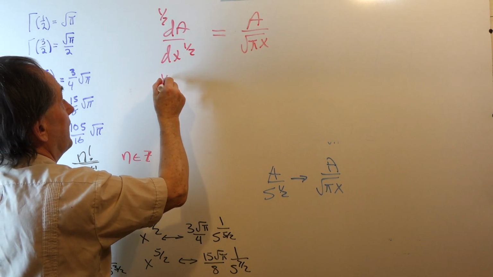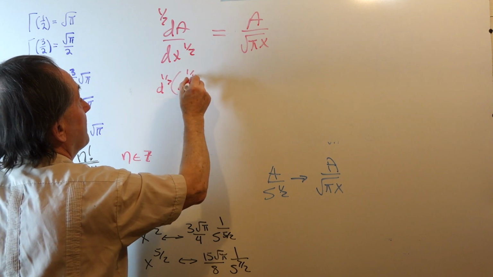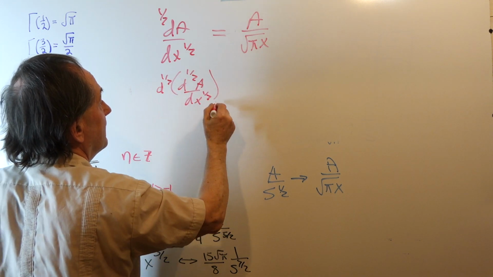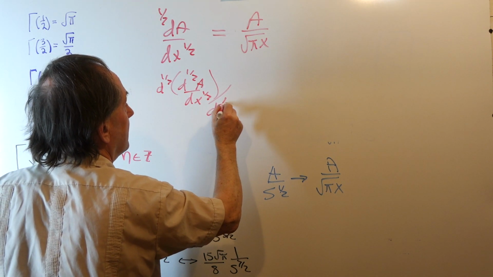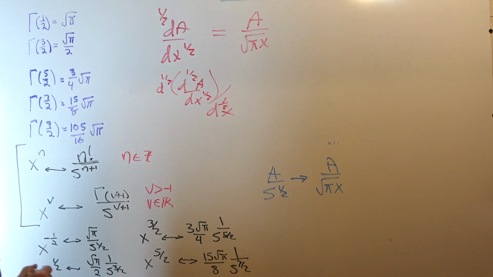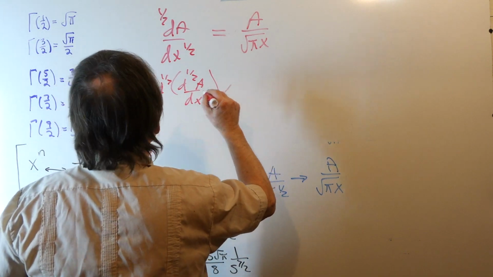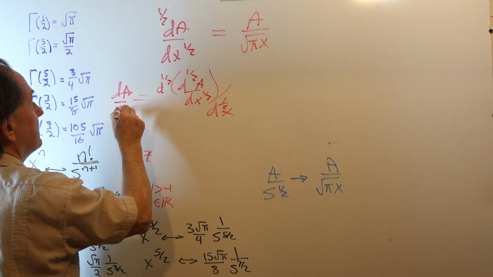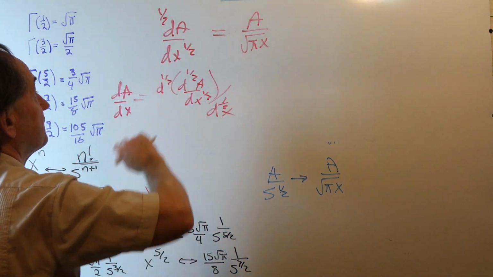So we're going to take the 1/2 derivative of the 1/2 derivative of a with respect to x. We're doing it twice, so we would expect that this should be just the derivative of a with respect to x. We're taking two 1/2 derivatives, so that should give us the full derivative.